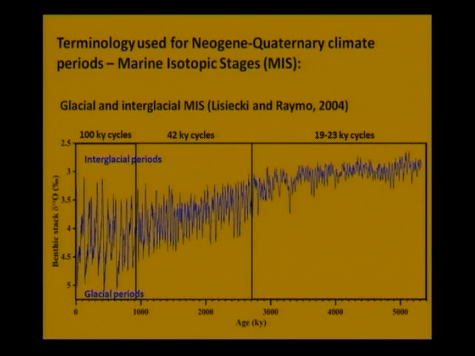Before I go to results, I want to explain another term I will use here, which is marine isotopic stage. It's actually glacial and interglacial periods, all these oscillations. This is the time scale of the last 5 million years or a little bit more, and these are benthic stack oxygen isotopes from benthic foraminifera, and they show the ice volume.